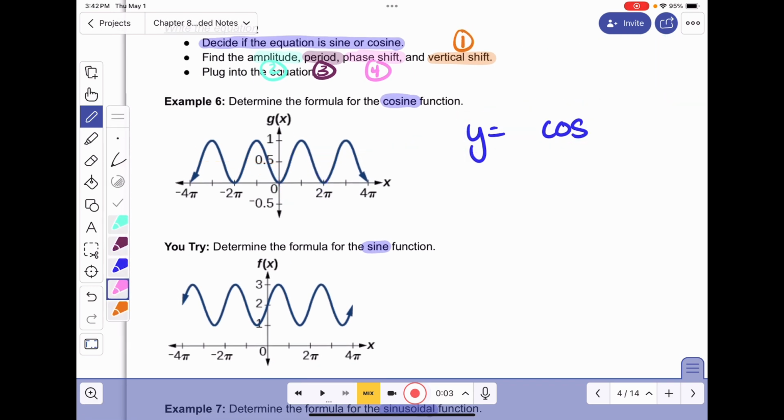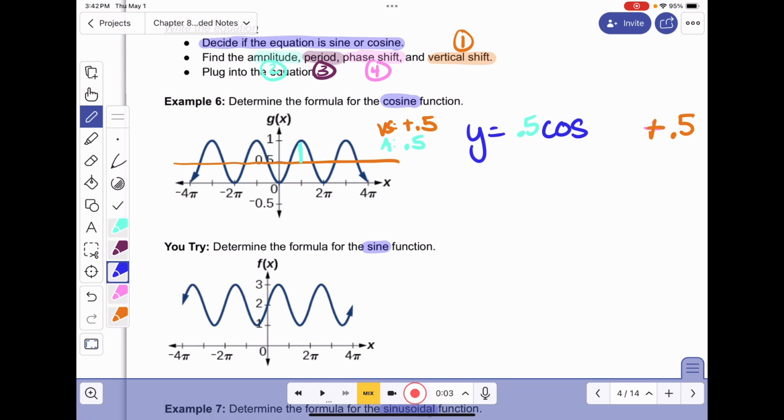All right. So we decided again, our vertical shift was based on our midline, which was right here at 0.5. That's why I'm going to add 0.5 at the end. Our amplitude is the height from the midline to the max, so that goes up 0.5.